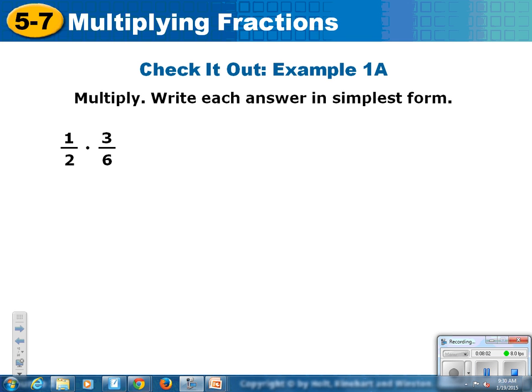Because if you look at this one, there is no greatest common factor for 2 and 3, and there's no greatest common factor for 1 and 6. So when we do the multiplication, we end up with 3 over 12, which still has to be simplified. So just because there's no diagonals to check doesn't mean that we don't have to do this.